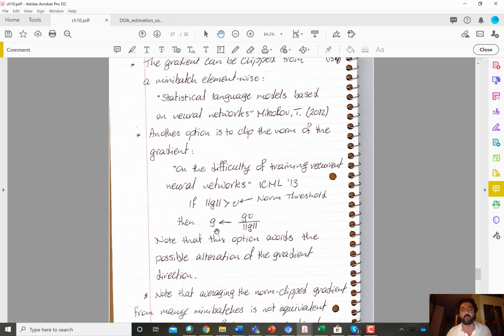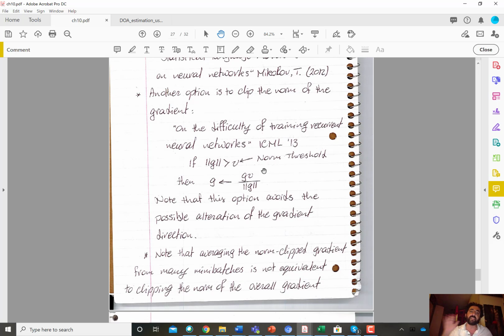So if the norm of the gradient is above a certain threshold, then we divide by the norm and we multiply by the value of that threshold. So we set the norm equal to that maximum threshold. That second strategy would maintain the direction of the mini-batch gradient, but it will not maintain the fact that the mini-batch gradient is an unbiased estimate of the true gradient.